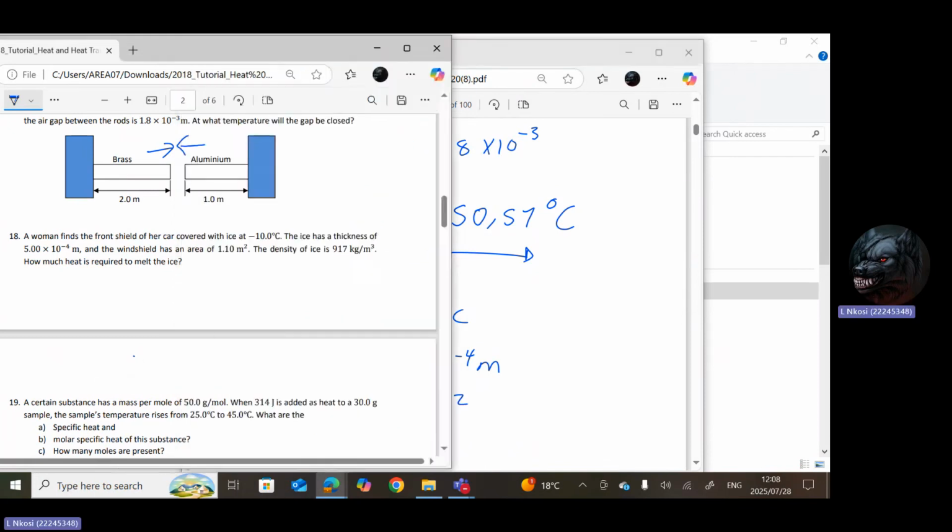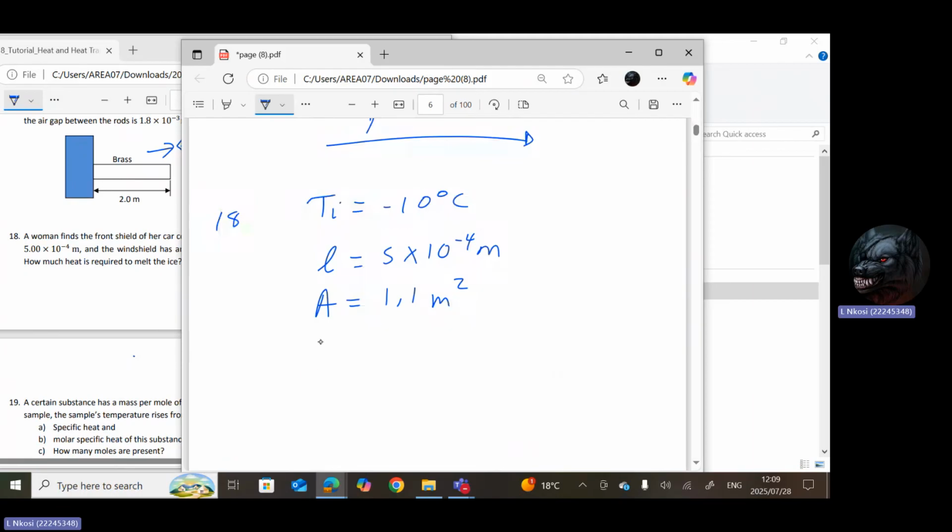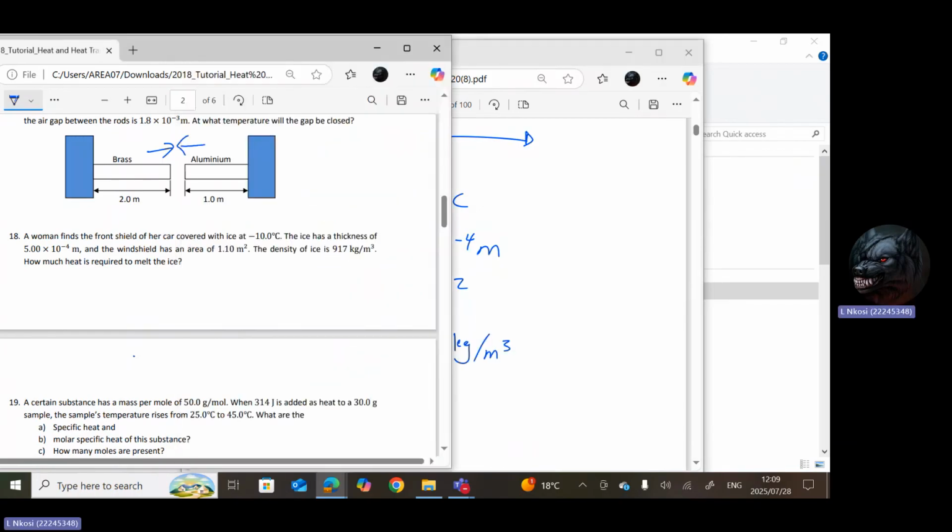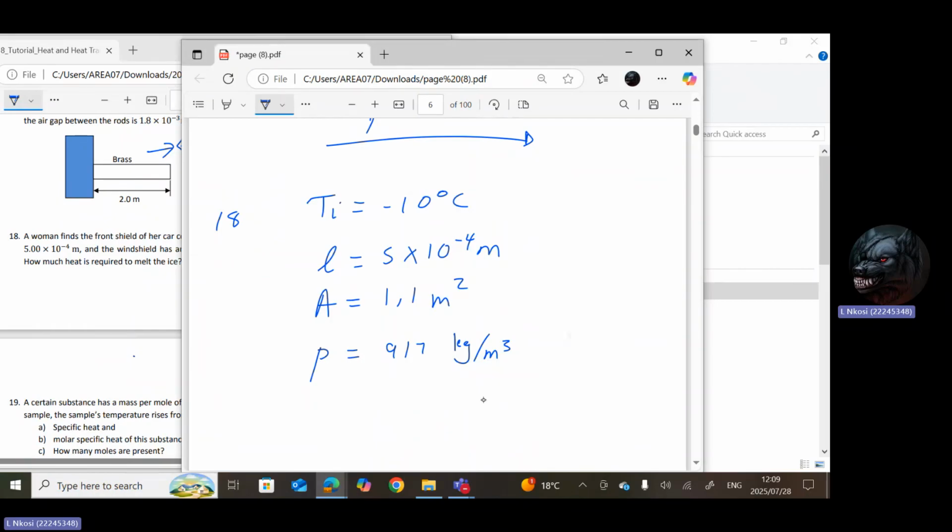The density of ice is 917 kilograms per meter cubed. How much heat is required to melt the ice? Now calculate the heat to melt the ice.